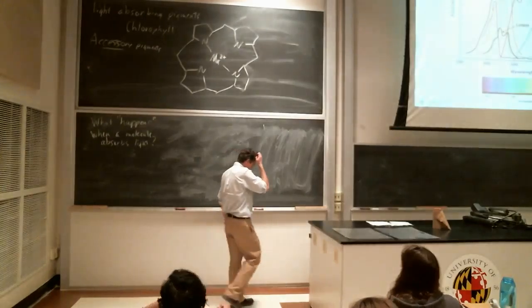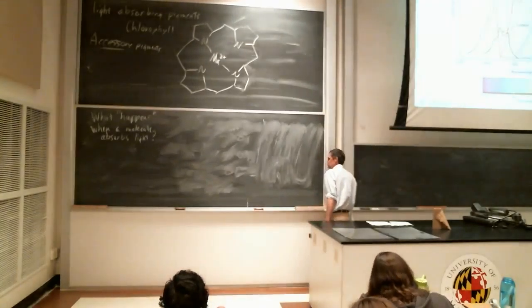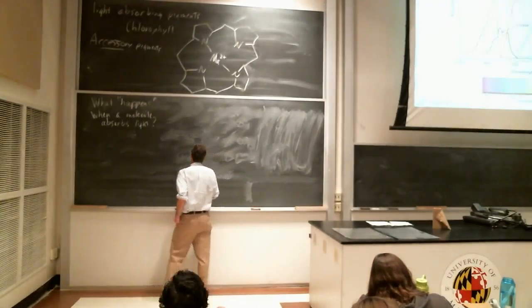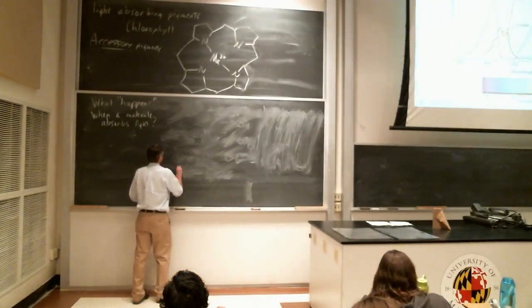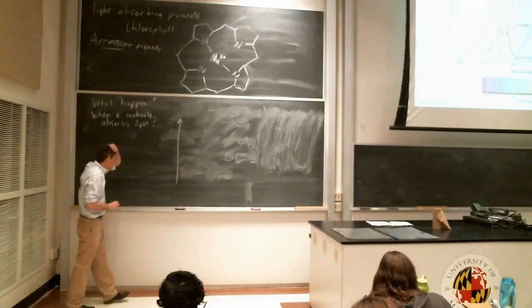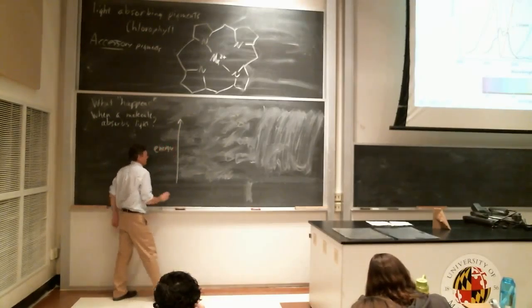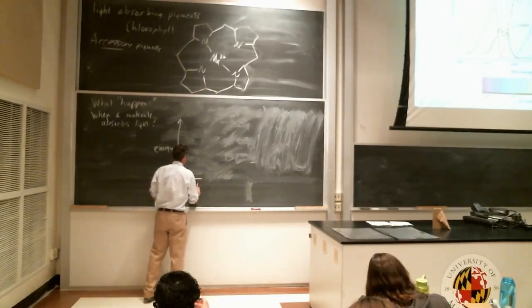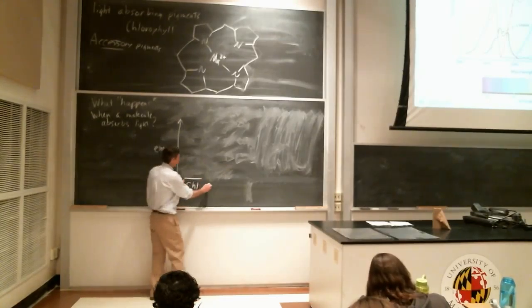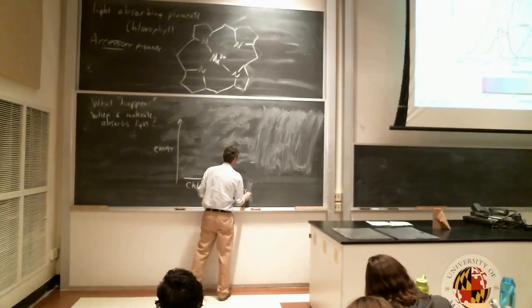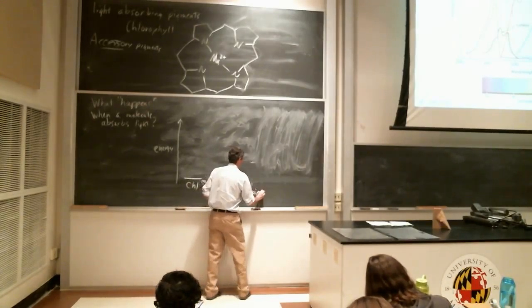So let's consider a simplified model of a chlorophyll molecule where I'm going to make a sort of orbital energy diagram. So let's say we've got energy in, this is a chlorophyll, so let's say this is the lowest occupied orbital in a chlorophyll molecule.